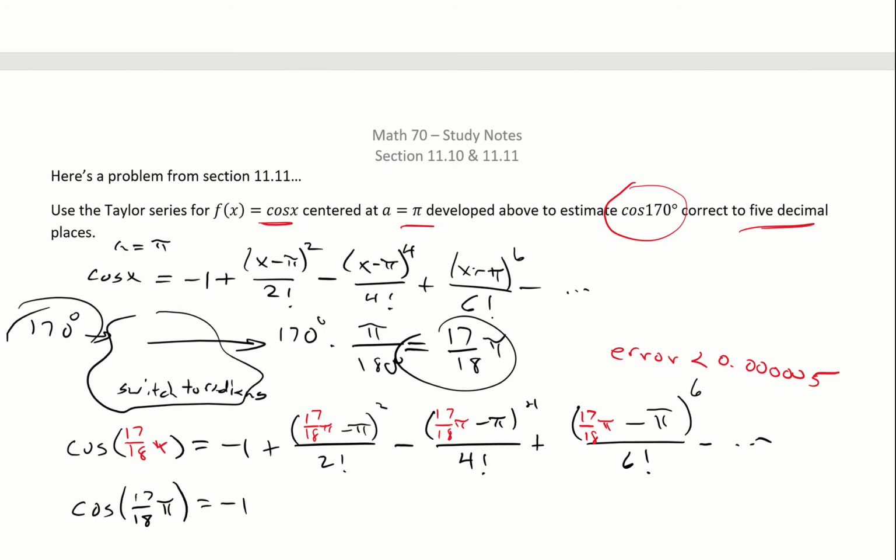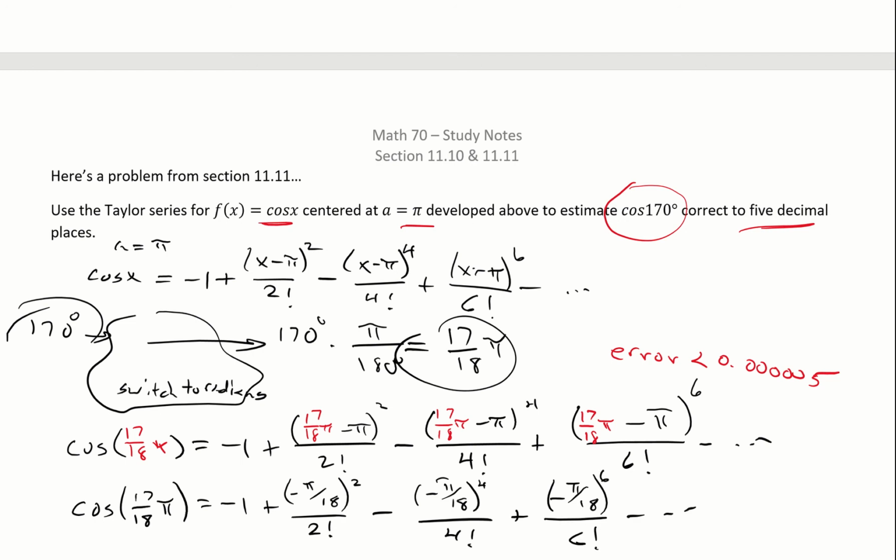Look at that. What we have really is plus negative pi over 18, is that right, squared over 2 factorial. Be careful, be sure to do that. Minus pi over 18 to the 4th over 4 factorial, maybe one more, plus, minus pi over 18 to the 6th over 6 factorial, minus if I need more.